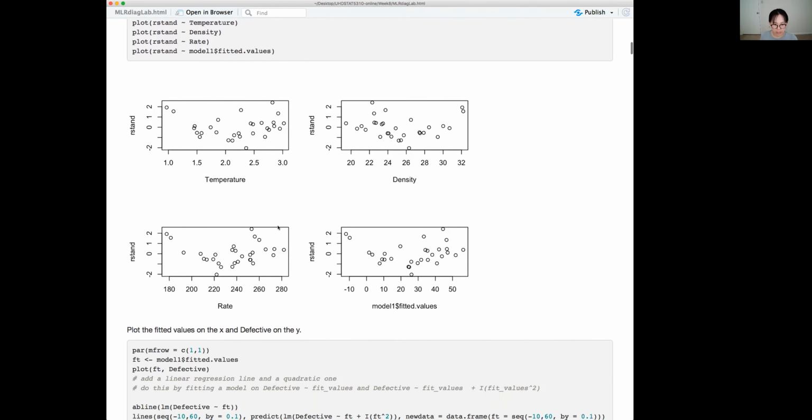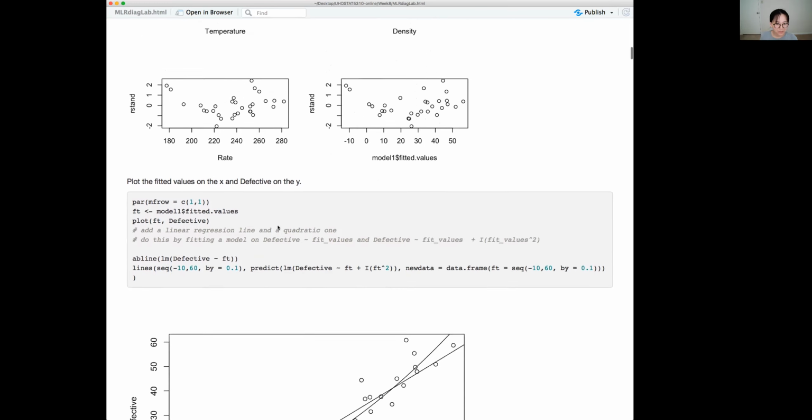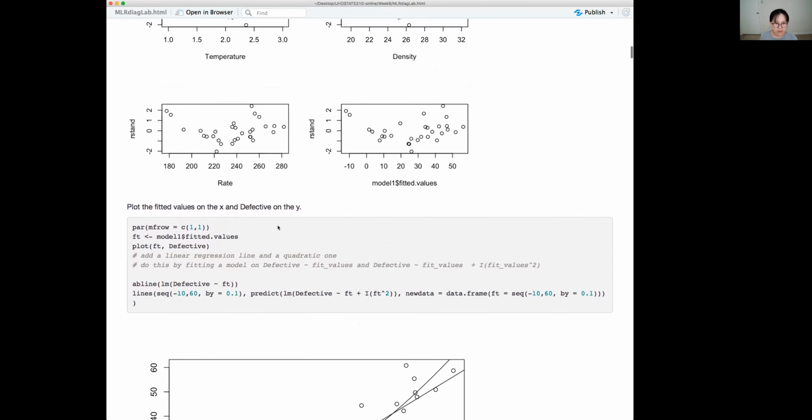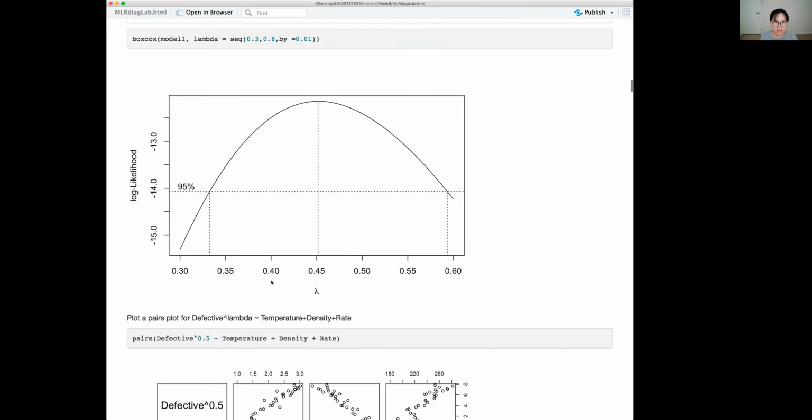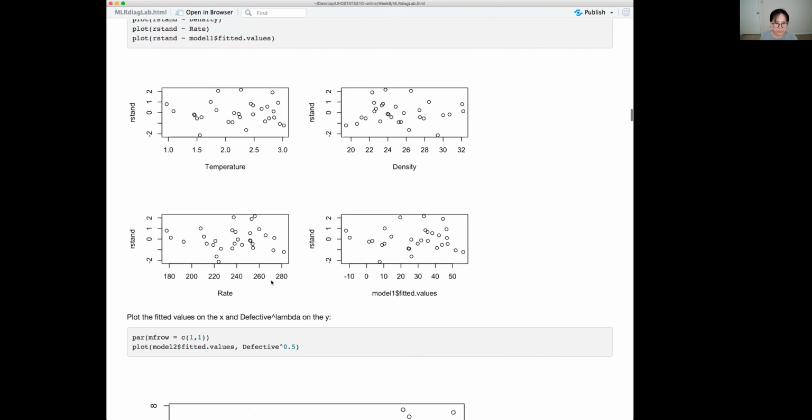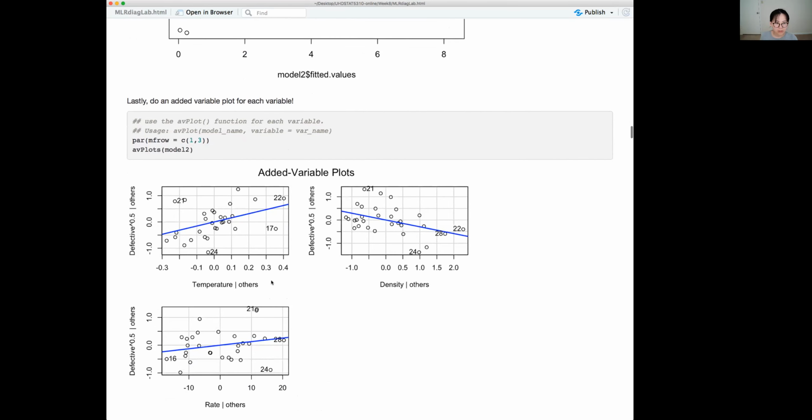Well, it looks okay, right? This part let's ignore for a second. In this very last part, we did an added variable plot for each variable, where you use avPlots, which is added variable plots, and you put in your model.